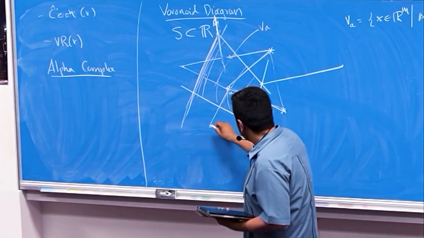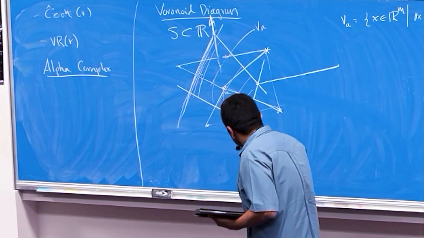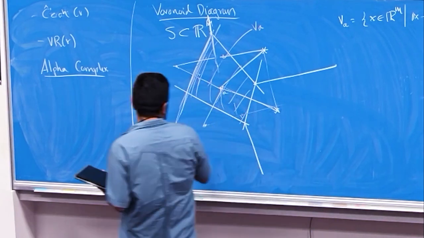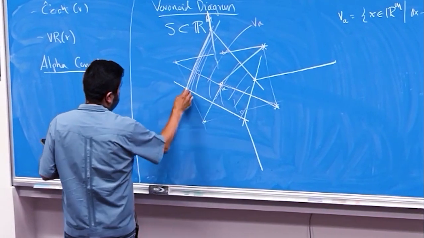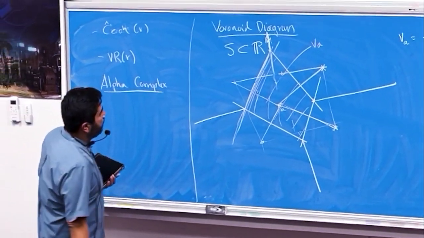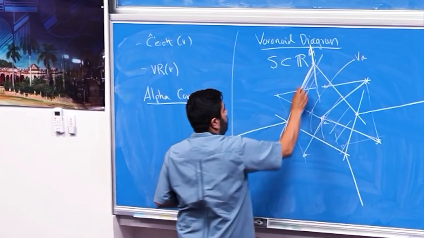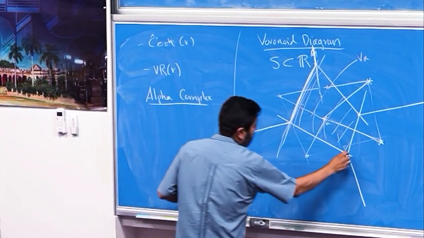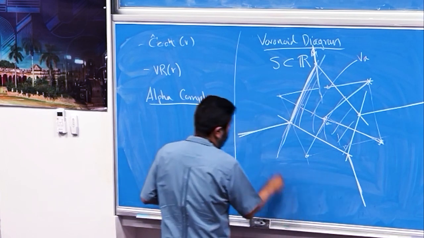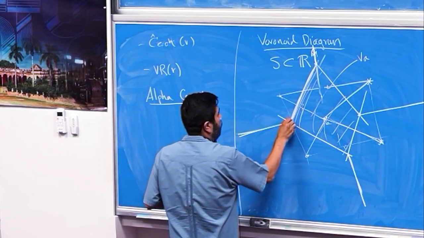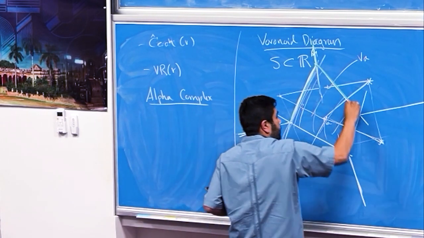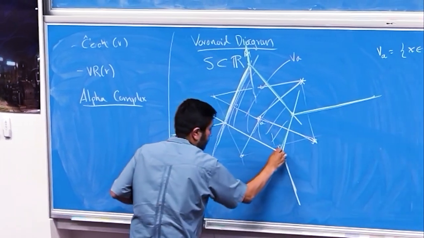And if you take the perpendicular bisector of this point, it's going to pass through here, perpendicular. And there is another one here that passes through here. So that gives us 5 regions, one per point. These are the edges of those regions.